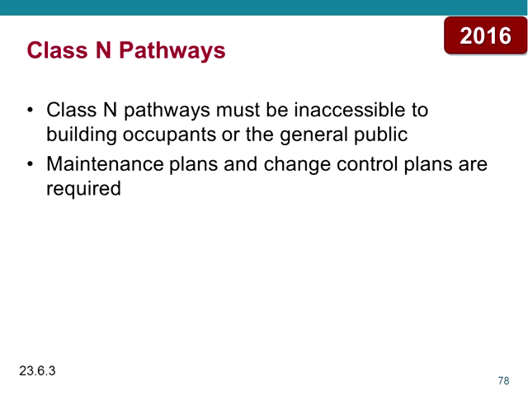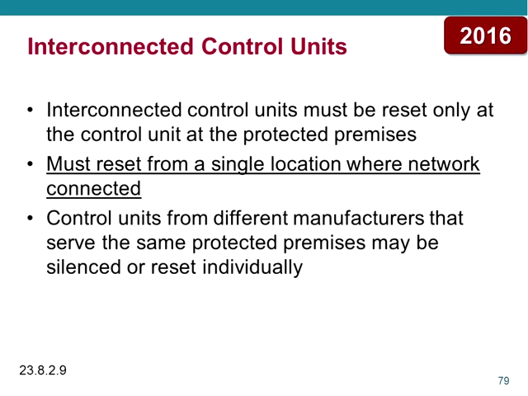Because, yes, IT people don't always understand fire alarm, and fire alarm people don't always understand IT. So we have to work together and make sure that we understand how these systems are going to work together. And a maintenance and change control plan is required for any Class N circuit. So again, we're putting controls on here that other circuits may not have because they are new and they are not necessarily always under our control.